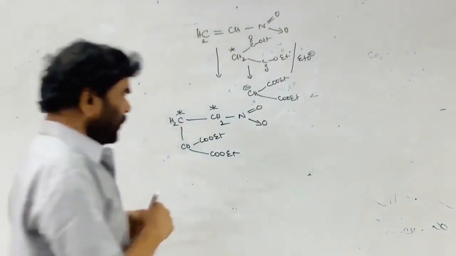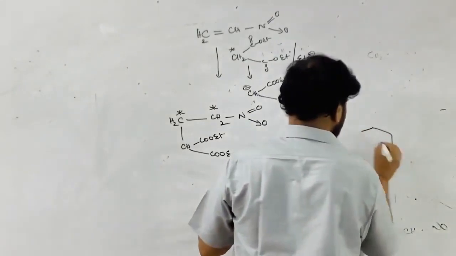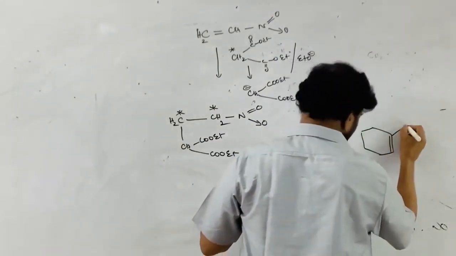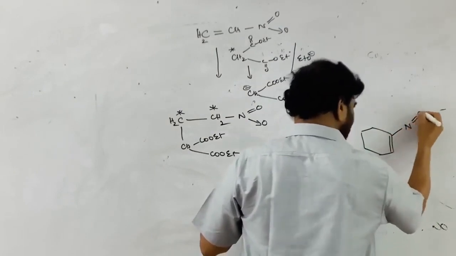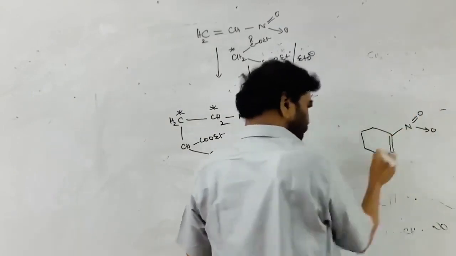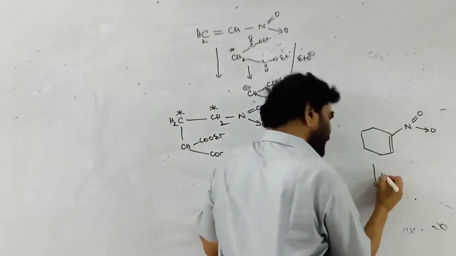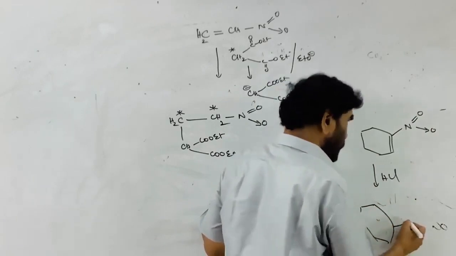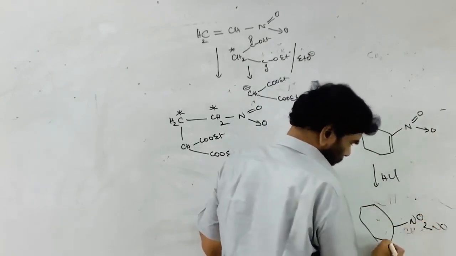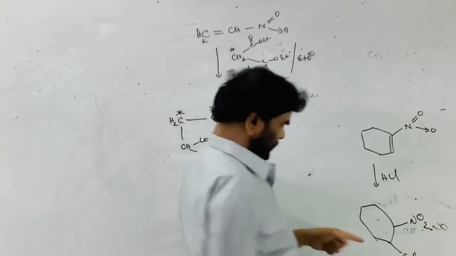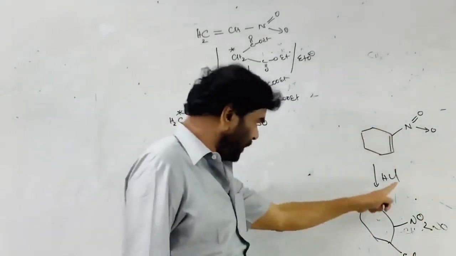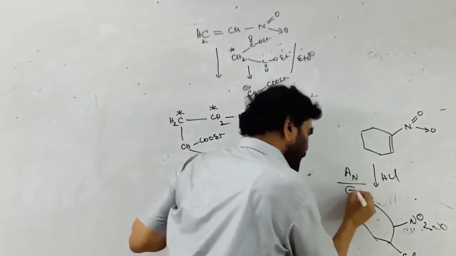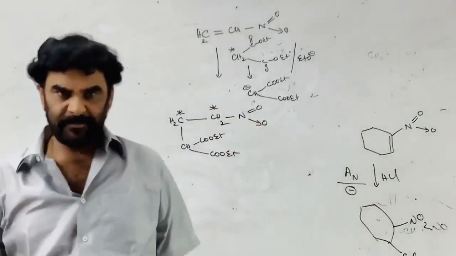Suppose you take this, or a nitro group, the same non-interfering electron withdrawing group, and treat it with HCl, that gives the Cl product. Addition of HCl is an AN reaction through a carbanion as the intermediate.